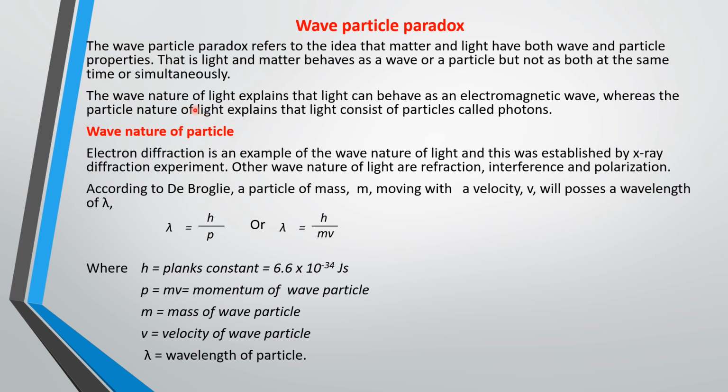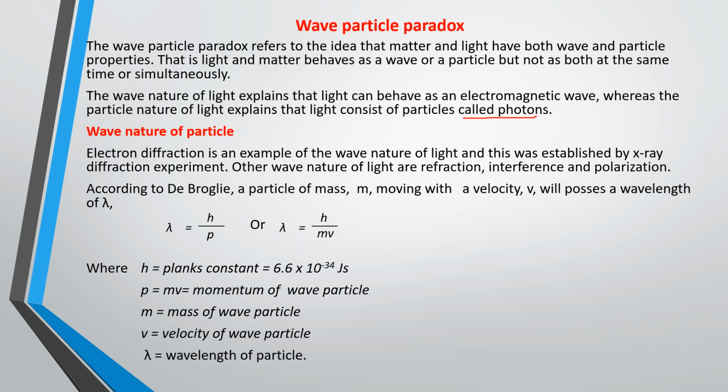So the wave nature of light explains that light can behave as an electromagnetic wave, whereas the particle nature of light explains that light consists of particles called photons. Light energy can be transmitted as quanta, as a quantum of energy, or as photons.